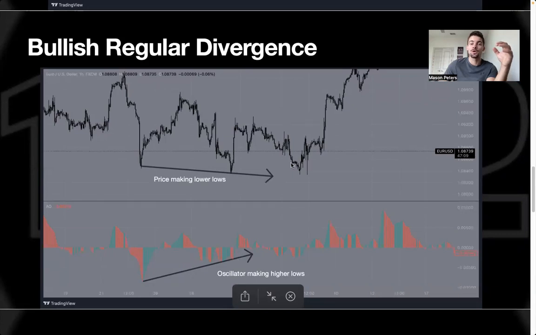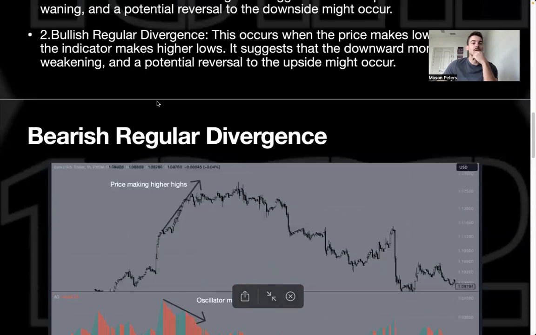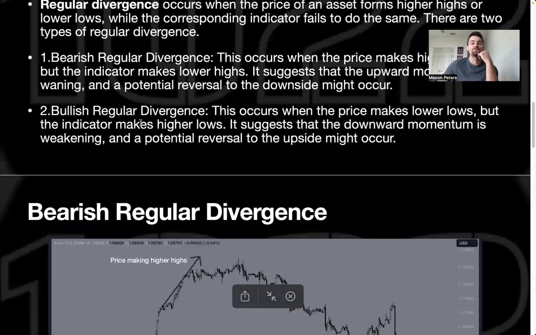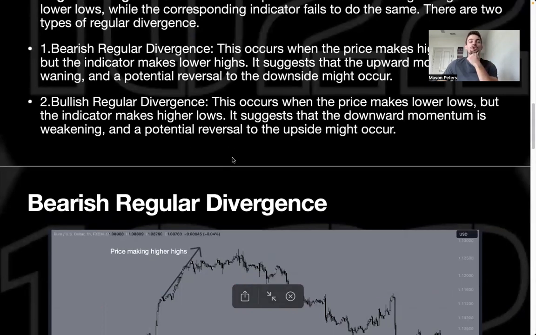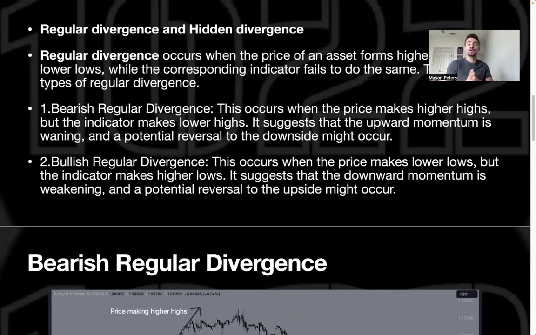Look where price shifts, right? Price then shifts into buying, and the oscillator shifts into buying as well. But notice that difference: after this massive move on the oscillator, it starts to make these higher lows. So momentum is weakening and a potential reversal to the upside might occur. That is regular divergence.